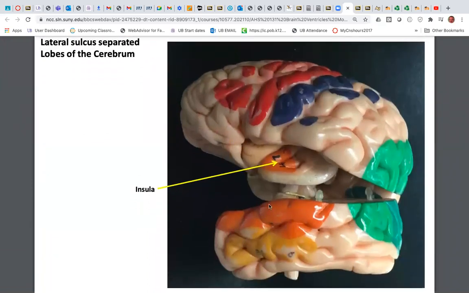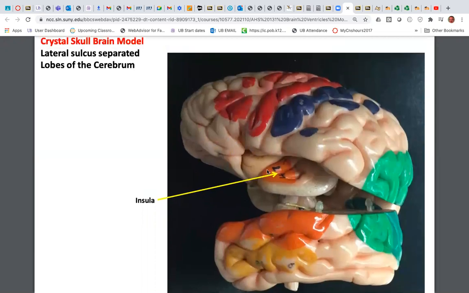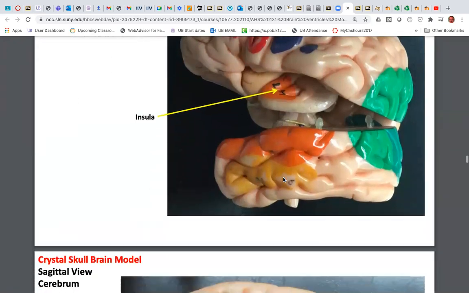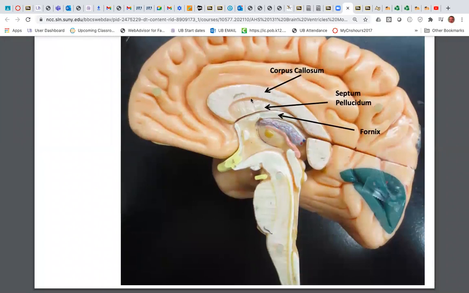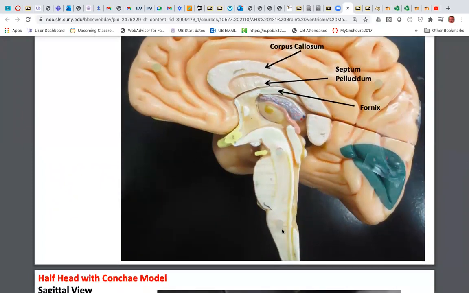When we separate the temporal lobe from the rest of the brain, we can see this orange structure in here, known as the insula. Inside is the insula. It's the orange. When we separate the brain into the two hemispheres, what we're looking at down here, this white structure from here down, this is your brain stem.